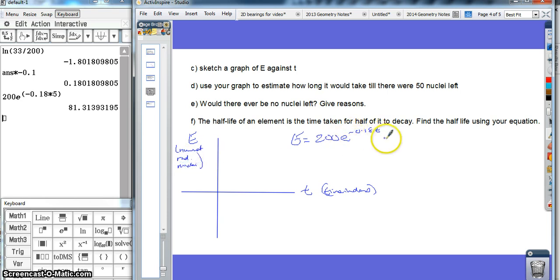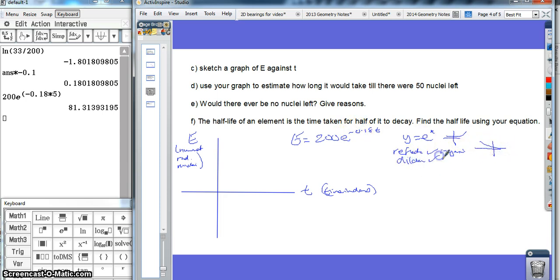Alright, this is an exponential equation, so our initial graph would look like that. Has there been a reflection? Yes, in the y-axis. Here, there's a negative there. So it's now going to look like that.